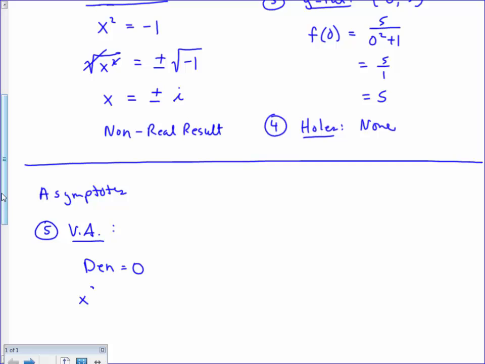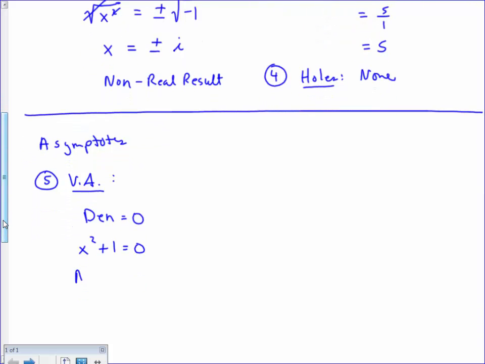That was where we set x squared plus 1 equal to 0. And remember there what we got is non-real results. Well, if we got non-real results, that means that there were no vertical asymptotes. Sometimes it makes it awkward when we get a lot of answers that we have none. This makes it difficult to graph because we don't have the usual references that we have in other problems.